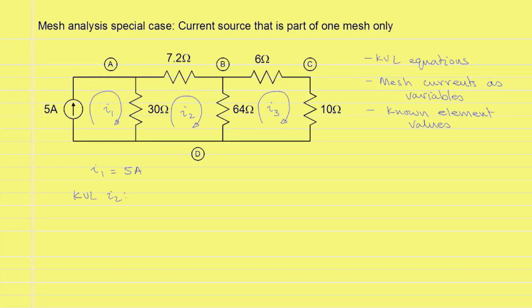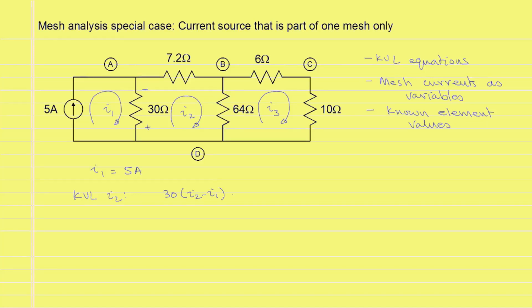For the 30 ohm resistor as part of mesh 2, we will take a voltage drop in the direction of the mesh current I2 such that the voltage drop across it will be 30(I2 - I1), and it will be given with a positive sign since the convention we follow is that voltage drops are given a positive sign.